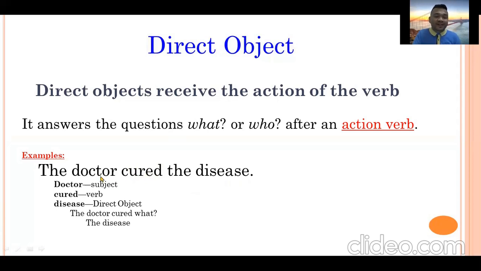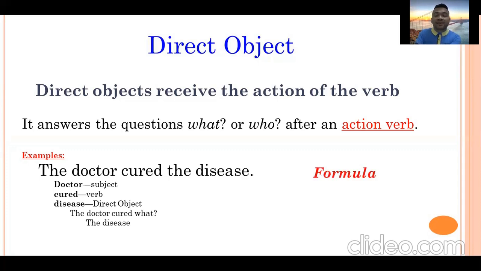So the doctor is the subject, cured is the verb, and the disease is the direct object. Like in mathematics, we have formulas. Also in English, we need to internalize that we also have a formula. What is the formula, by the way, of direct object?